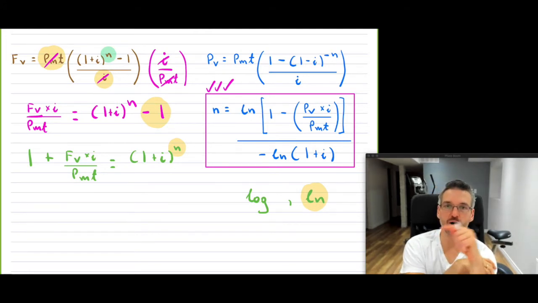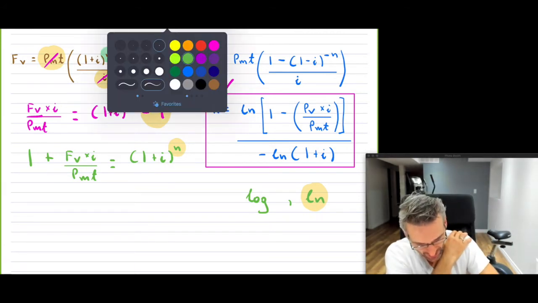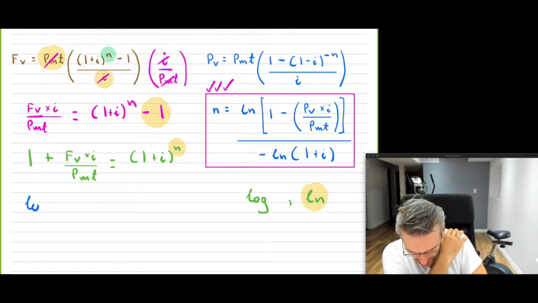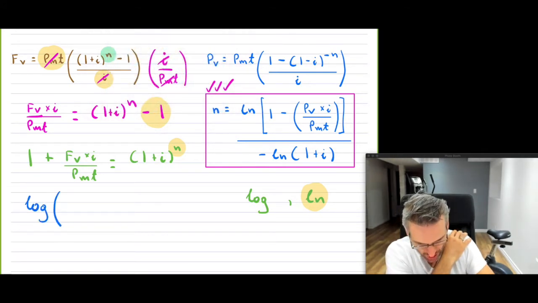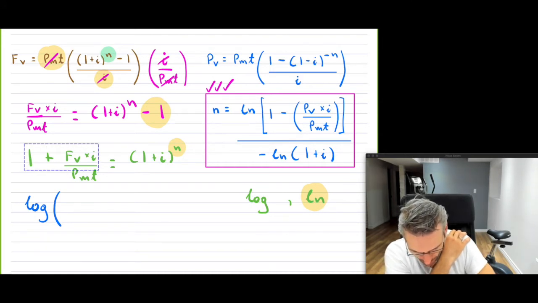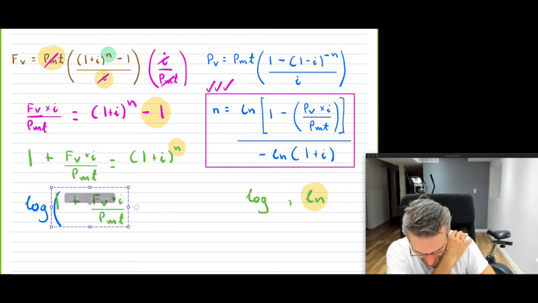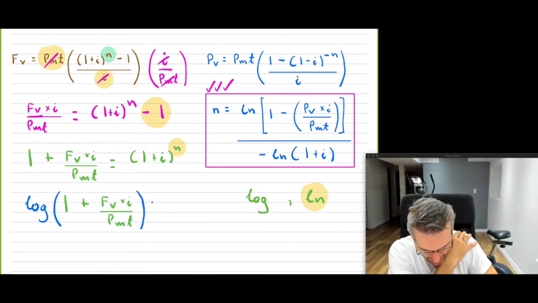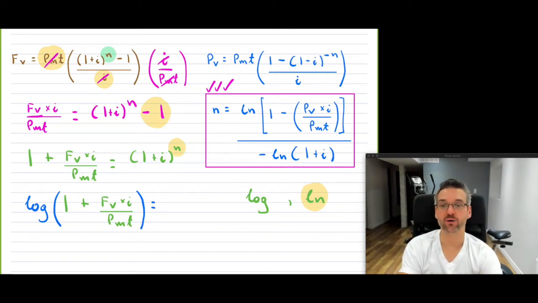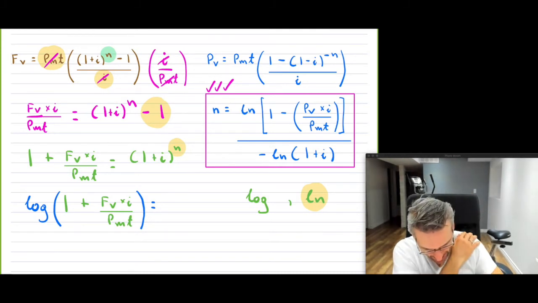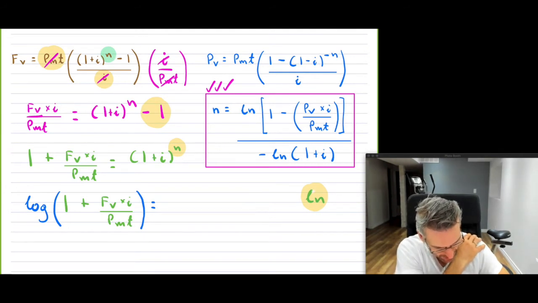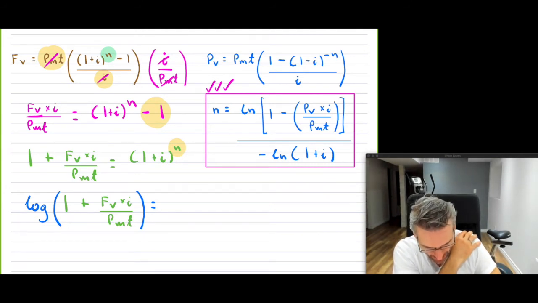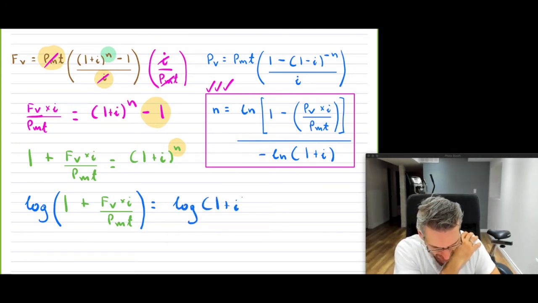So I'm going to take the ln or the log of both sides, the left-hand side and the right-hand side. If I do that, I'm going to get a log of all of this junk, so I'm going to copy it and paste it so that you can see where it comes from. It's going to be log of that is equal to, on the right-hand side, a log of 1 plus i.